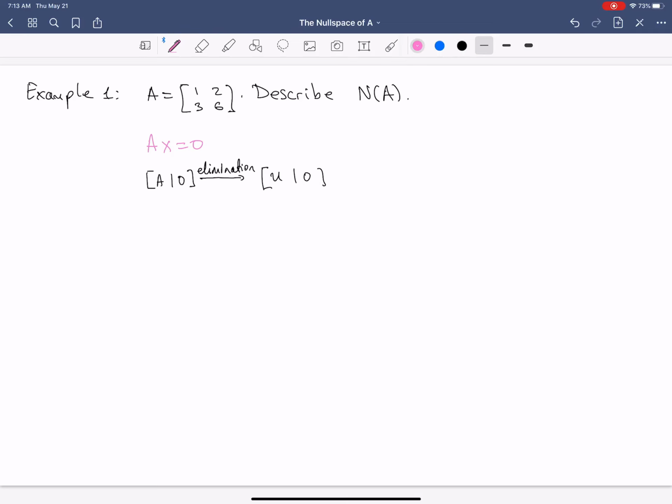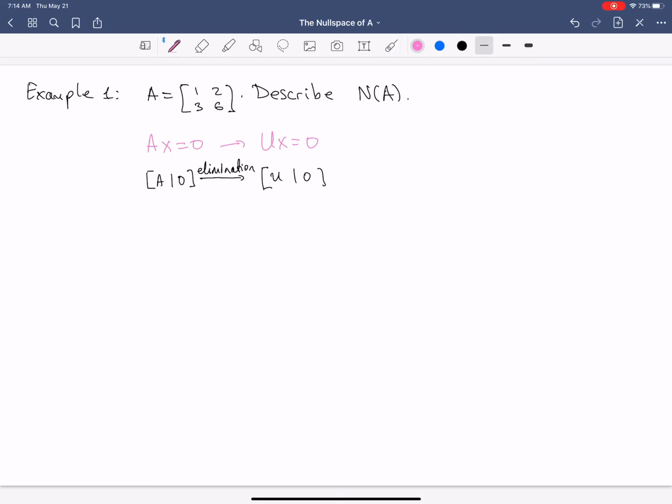So AX equals 0 takes us to UX equals 0. We don't really have to keep track of the zeros on the right-hand side because we know that the zeros after elimination will continue to be zeros. Whereas when we had AX equals B, that changed into UX equals C. But when B is 0, C is also 0.